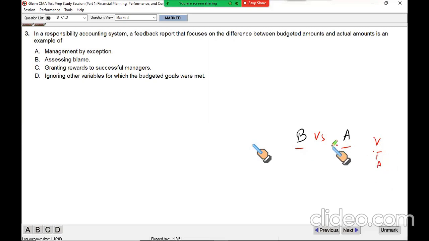What kind of technique? Let's read the question again. In a responsibility accounting system, a feedback report that focuses on the differences between the budgets and actual is an example of management by exceptions, meaning identifying where things are not as per our expectations. Whether a variance is favorable or adverse, we must analyze both, because both favorable as well as adverse are exceptions.